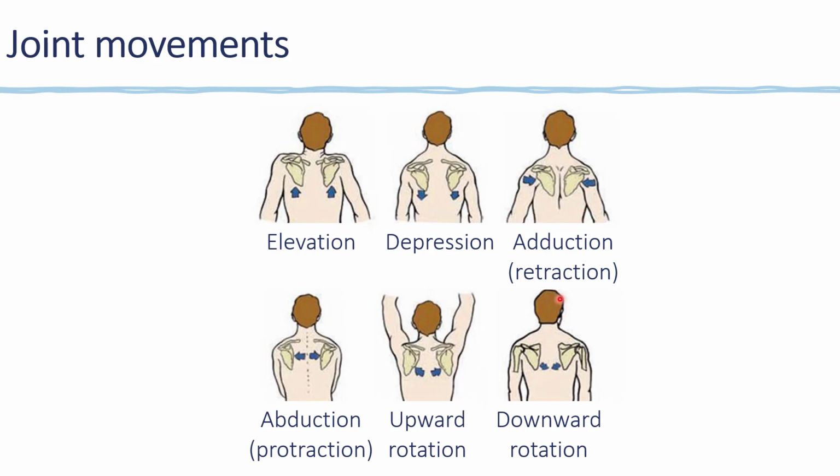And then finally, the scapula has moves in an upward and downward rotation as well. So those are both occurring in the frontal plane, same as elevation and depression. But in this case, you're really like rotating them. Rather than just bringing your shoulders up, you're moving the whole scapula, your arms included, upwards and downwards.